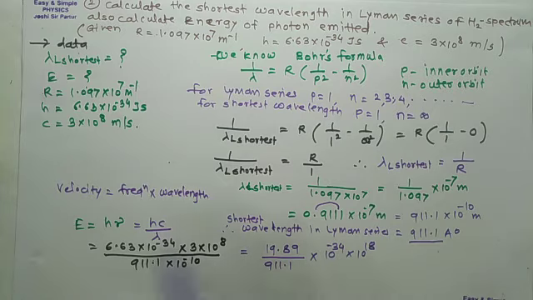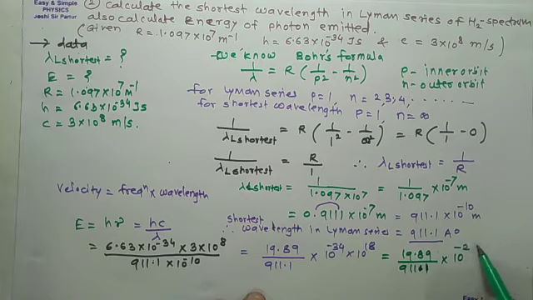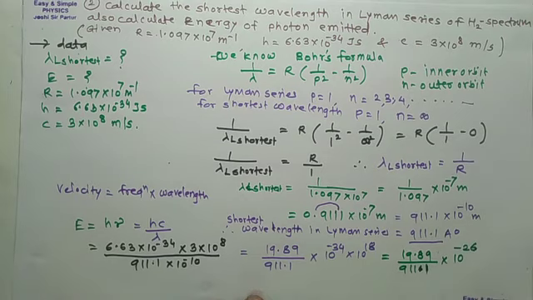Because minus 10 is in the denominator, it will be plus 10. So here 19.89 divided by 911.1 multiplied by 10 to the power minus 26.